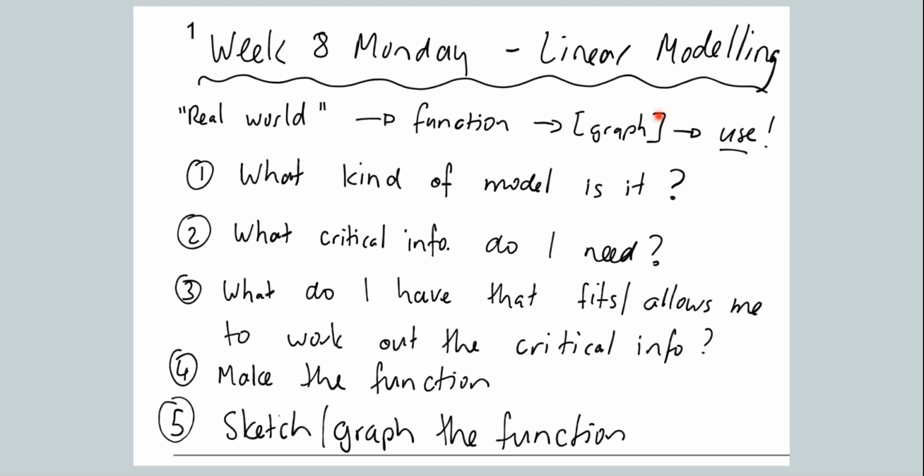Once you've got the function, you can graph that approximation. And using the function or the graph or both, you can work out specific values that you didn't actually plot or find for yourself, or maybe predict what's happening in the future, knowing that the further into the future you go, the less likely it is to capture a real world model. But in a linear model, it's not that difficult to determine what's going on.